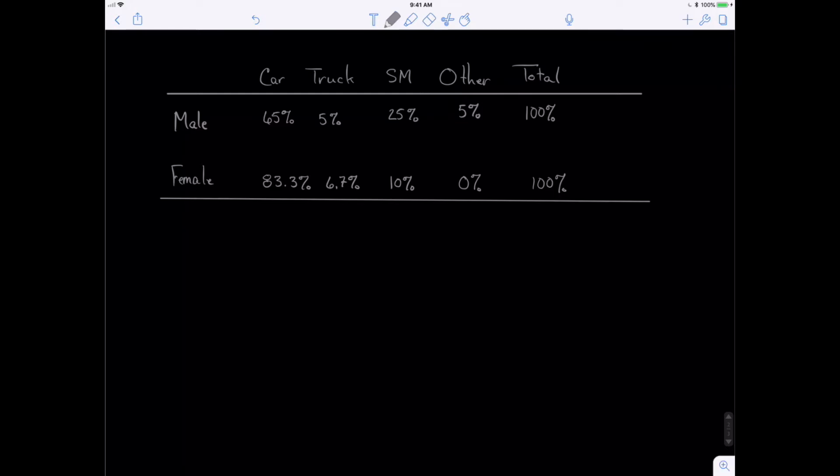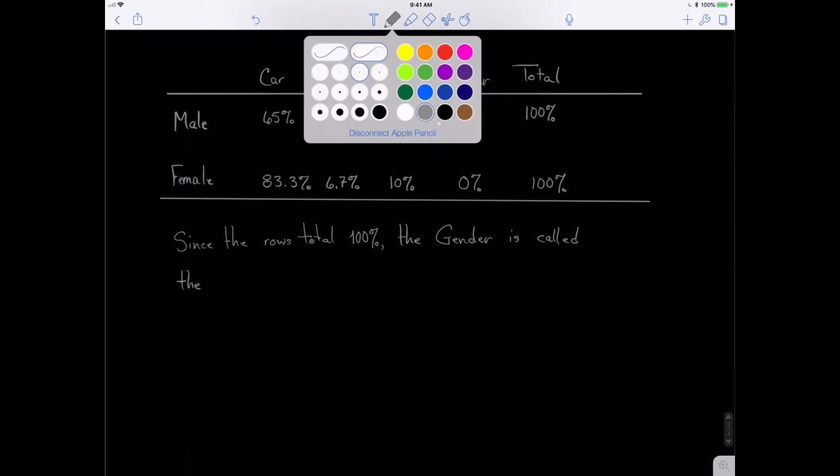Now, here's what we want to do. Notice this. Since the rows total 100%, then gender is called, here's your word of the day. It's so important that maybe we'll do it in blue. Or how about that electric blue?